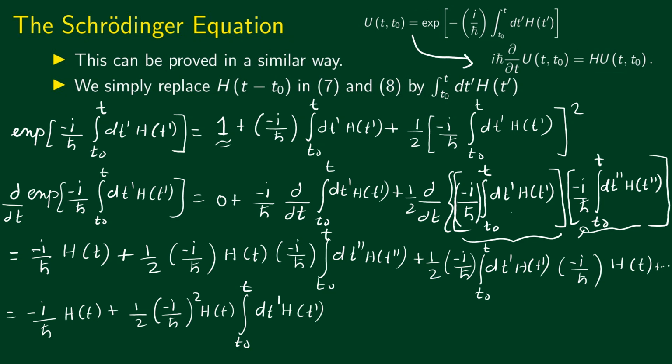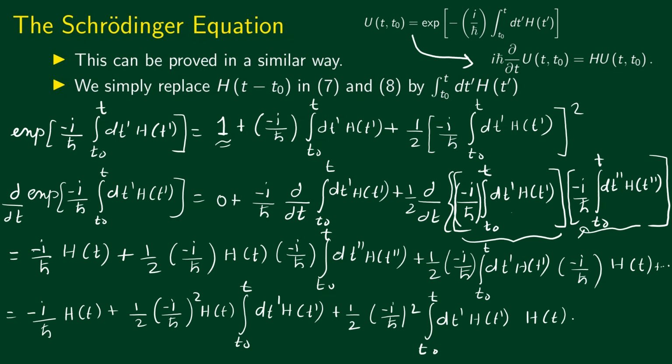h of t prime plus, let's write this as half, again we have got minus i by h bar squared, integral t0 to t dt prime h of t prime and h of t.